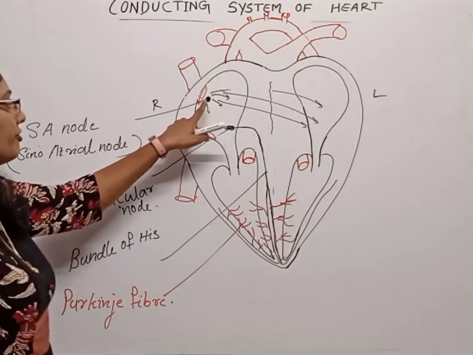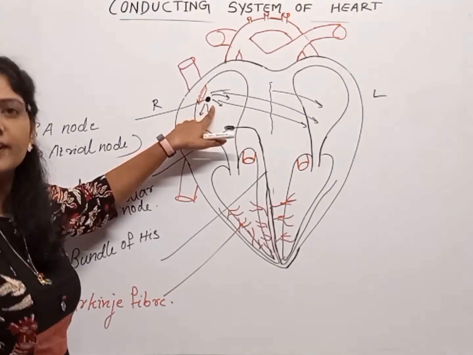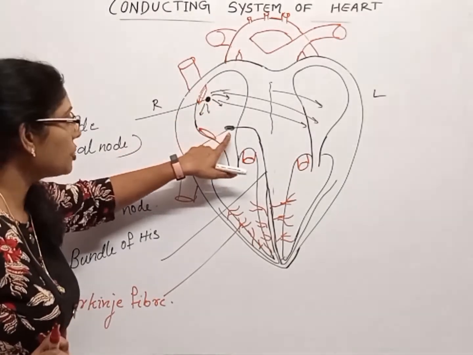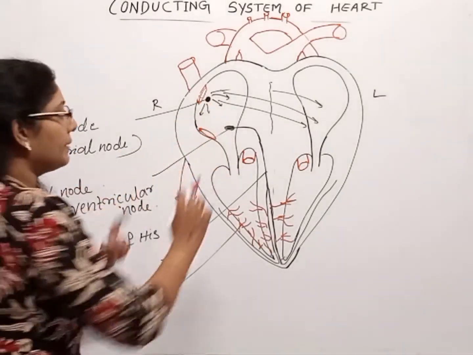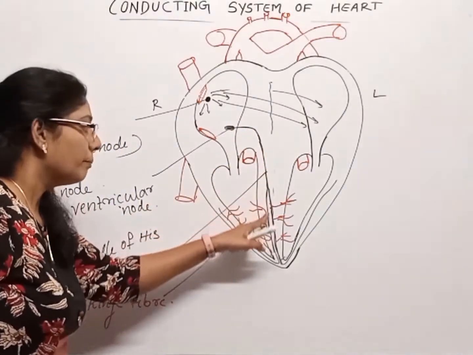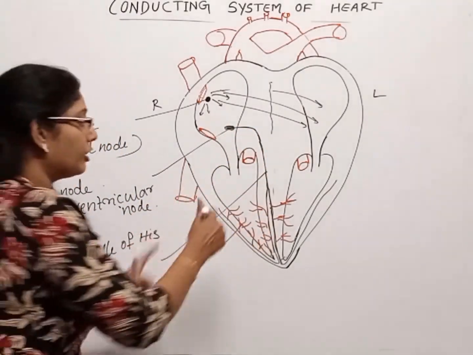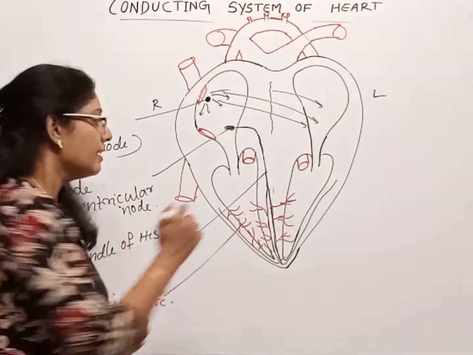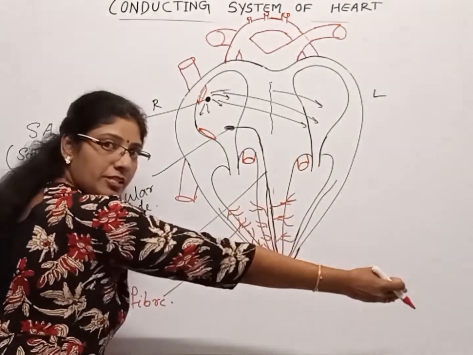So first the SA node will generate the wave of contraction. It will transmit to the AV node. From the AV node, it is transmitted to the bundle of His, which, as I already told, has two branches, right branch and left branch.